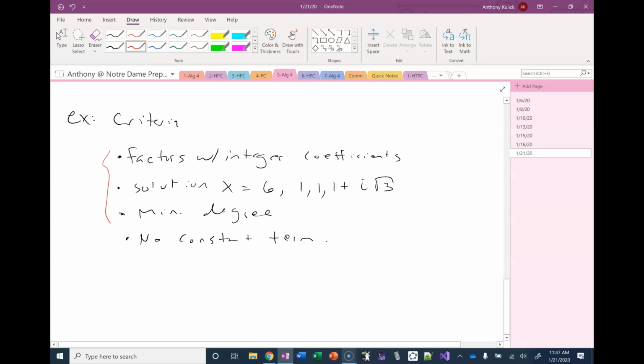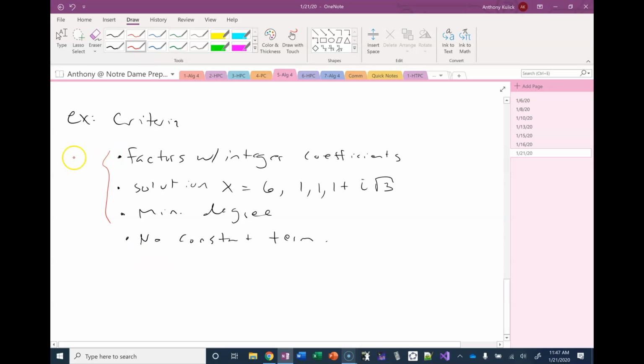Well, we know how to cover these first three, right? We've done situations like those all before. So let's just start there. We'll worry about the no constant term at the end, maybe.